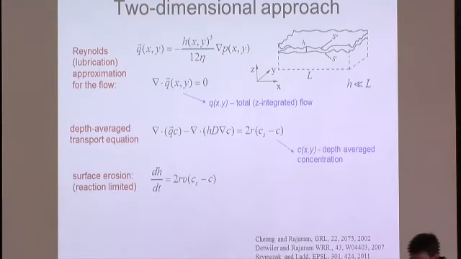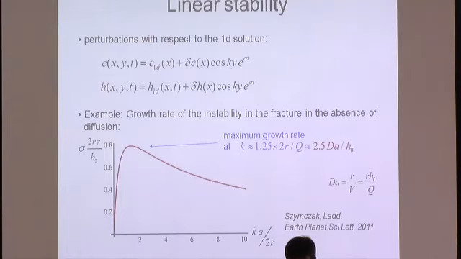And now when you have this extended two-dimensional model, what you can do is a standard kind of linear stability analysis. You can now add small perturbations to these one-dimensional solutions that I was showing you before. The concentration perturbation will have an amplitude delta C, will have the wave vector K, and will have a growth rate sigma, and the same for the aperture.